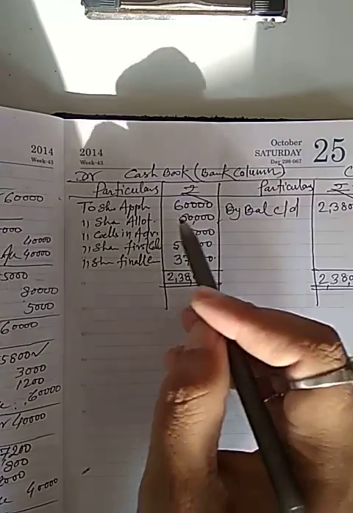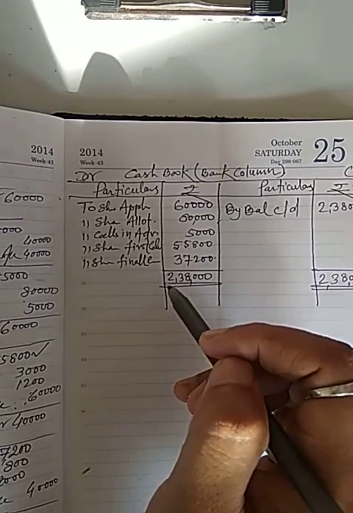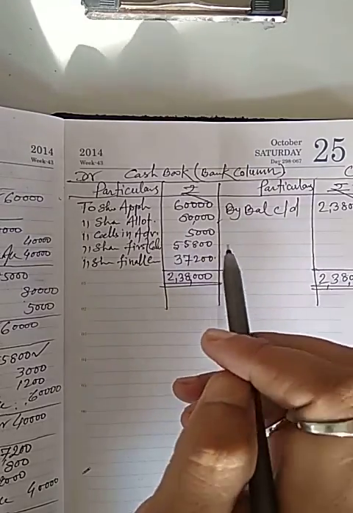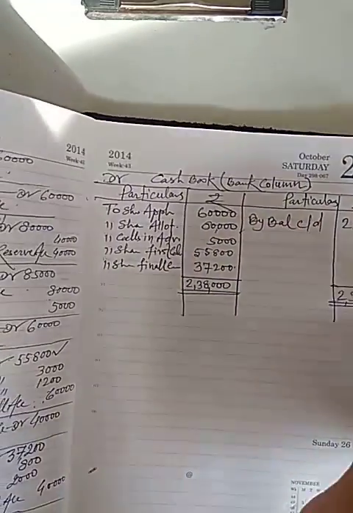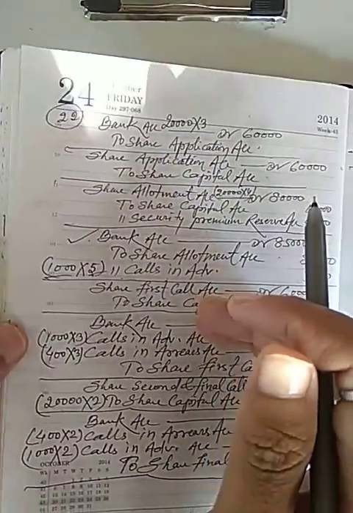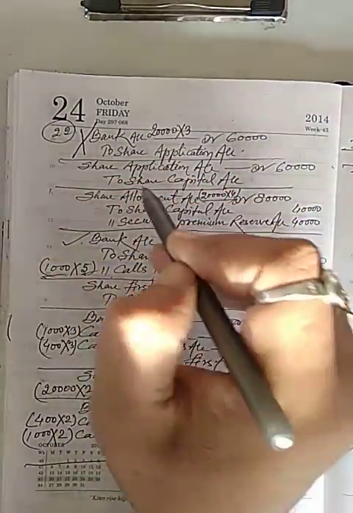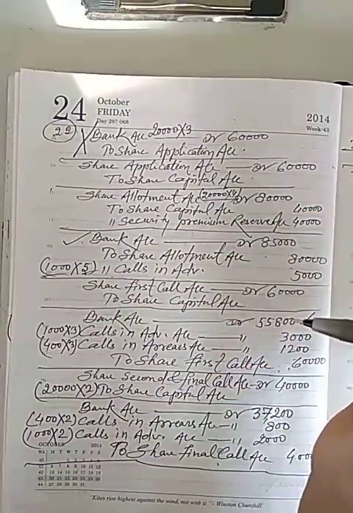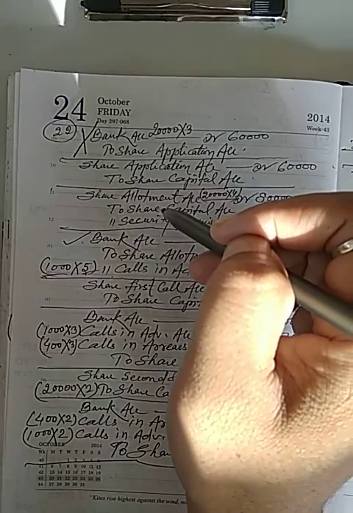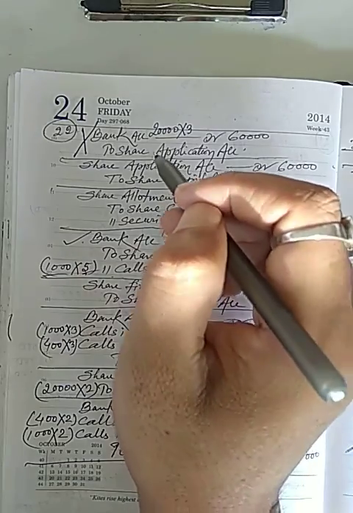So this is the form of the cash book. You can also show the cash book. This is very easy, but when the question says also prepare cash book with journal entry, then there is no need to do the journal entries related to bank account. So I will do only those journal entries which are not related to bank.